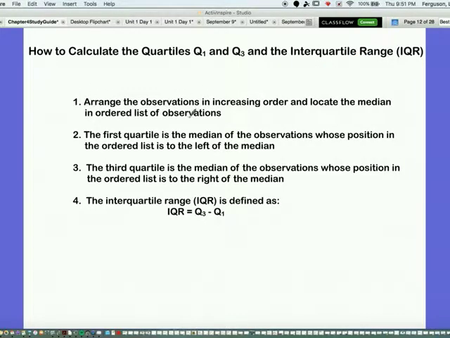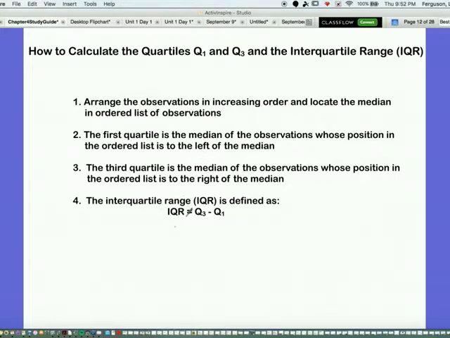So step 1 should be fairly simple. For number 2, it says the first quartile is the median of the observations whose position in the ordered list is to the left of the median. The third quartile is the median of the observations whose position in the ordered list is to the right of the median. And the interquartile range, IQR, is defined as Q3 minus Q1.